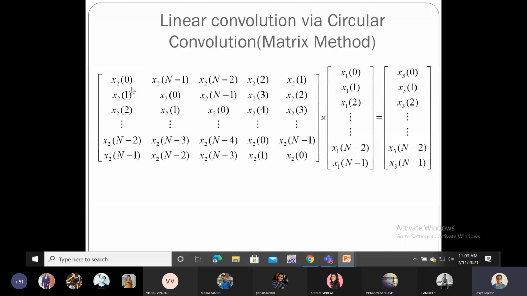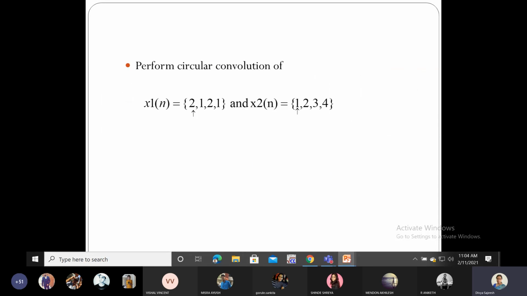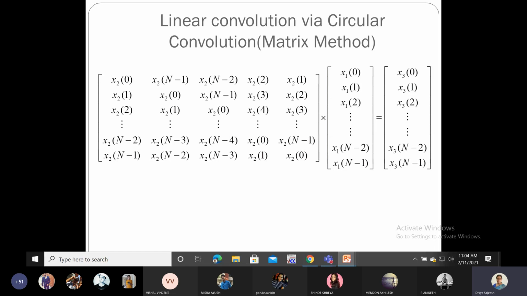So x2 of n minus 1, which was at the bottom of the first column, will shift to the first element in the next column, and x2 of 0 will move below that. Everything gets shifted by one position.